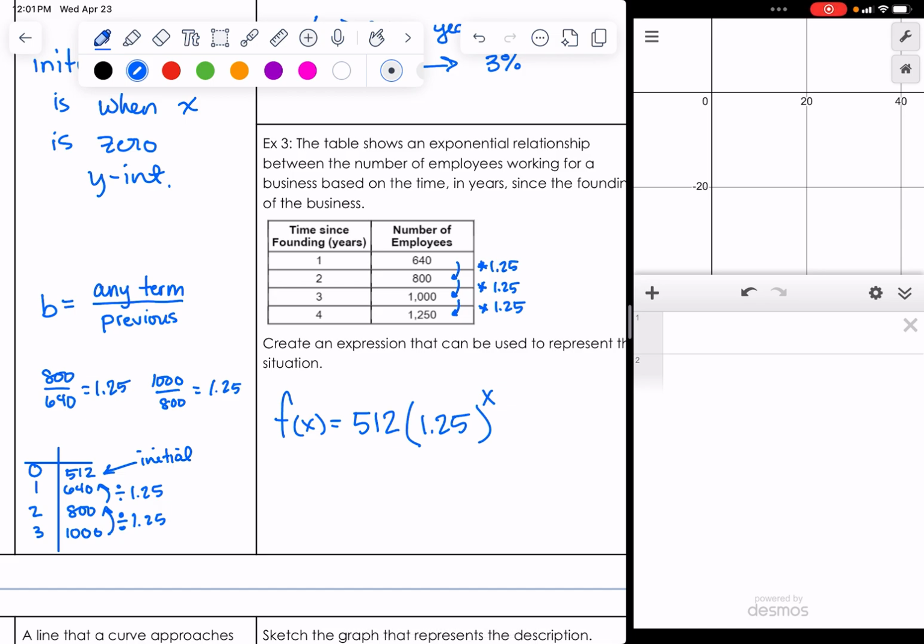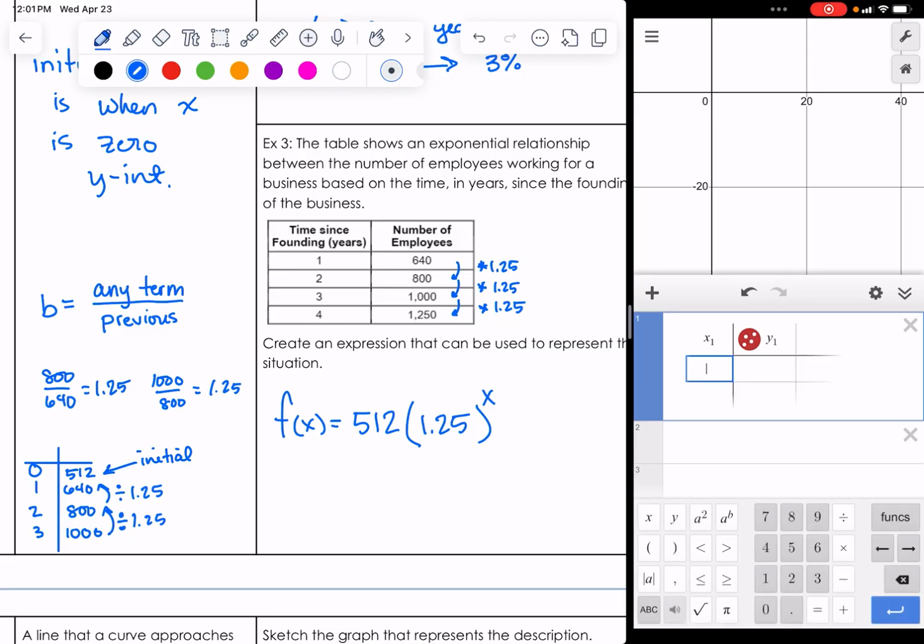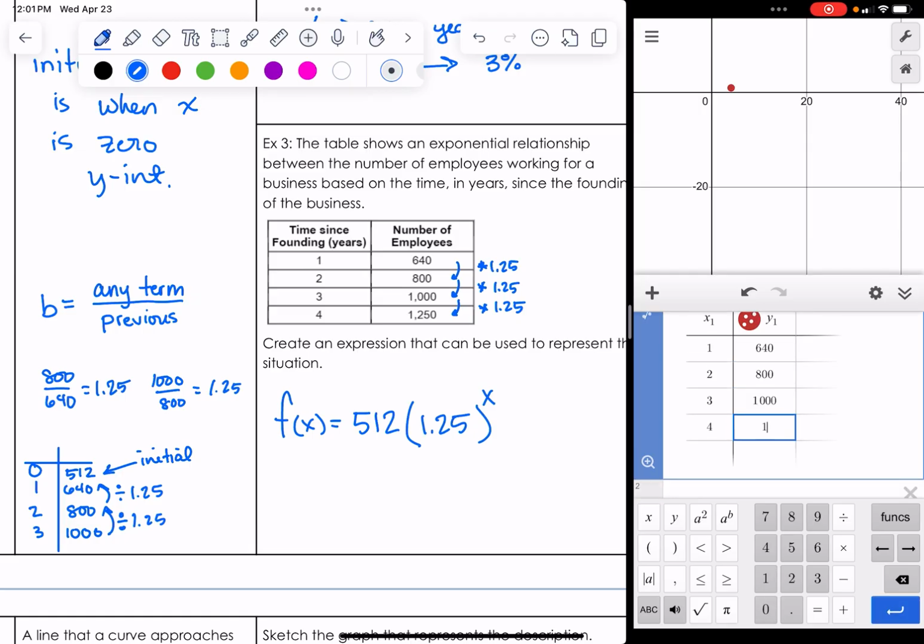We can verify this in Desmos. We're going to go in and we're going to put the table that they gave us. So 1, 2, 3, 4, and 640, 800, 1,000, and 1,250. And we are going to use our model, y equals a times b to the x, and we're going to alter it just a little bit.